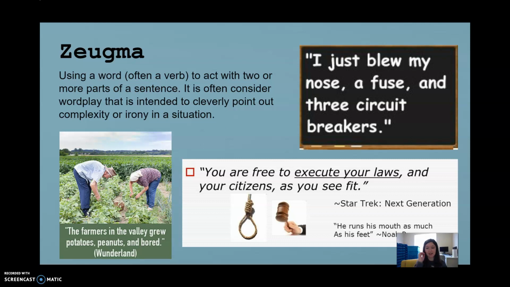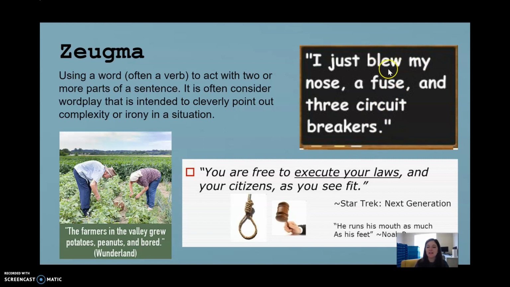So let's look at an example. I just blew my nose, a fuse, and 3 circuit breakers. So here we have this verb blew, and then it applies to 3 different events. I blew my nose, I blew a fuse, which I think is supposed to be kind of like an emotional fuse, and 3 circuit breakers, which is an actual real fuse.